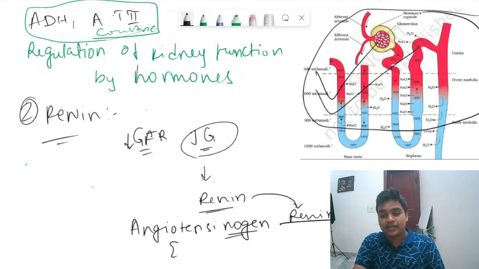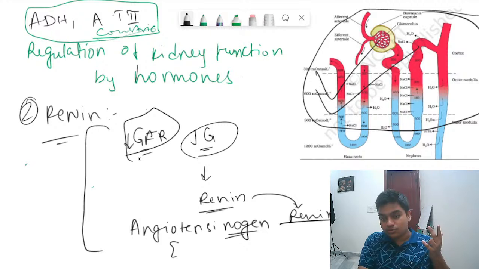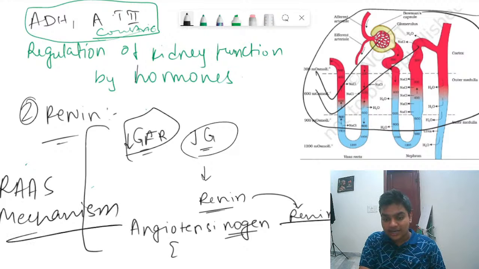And this mechanism of increasing the GFR through angiotensin and aldosterone is called the RAS mechanism.